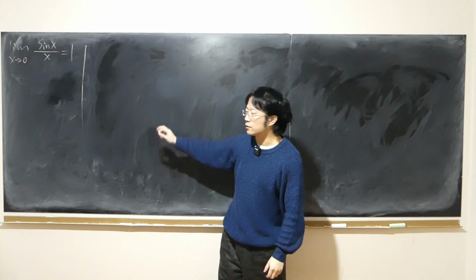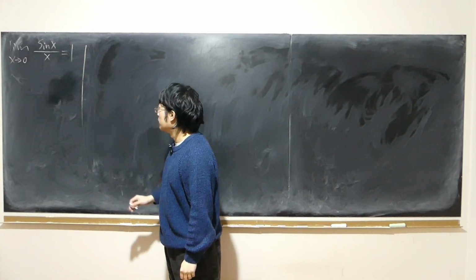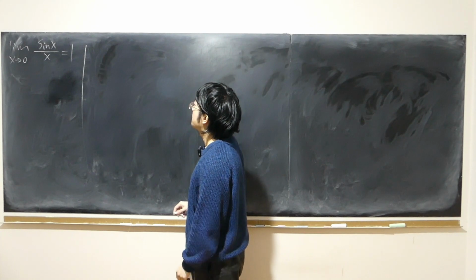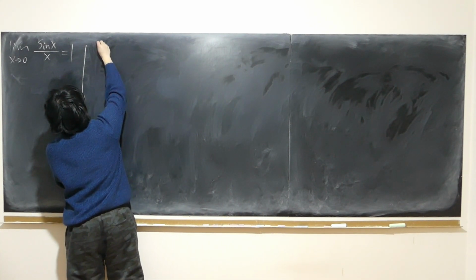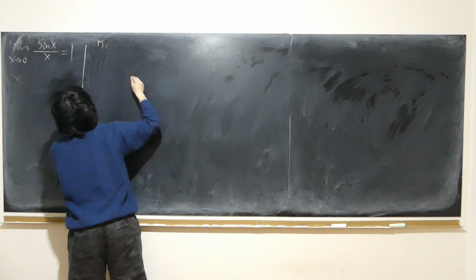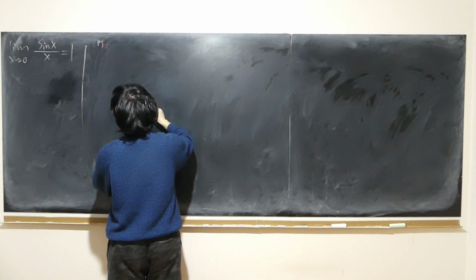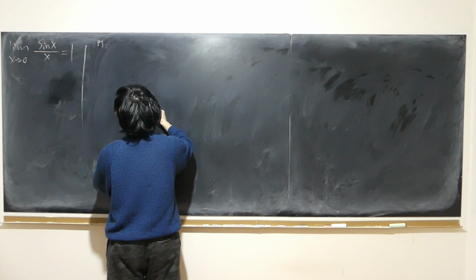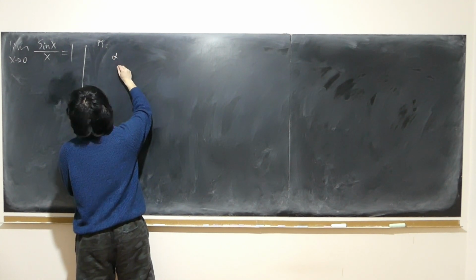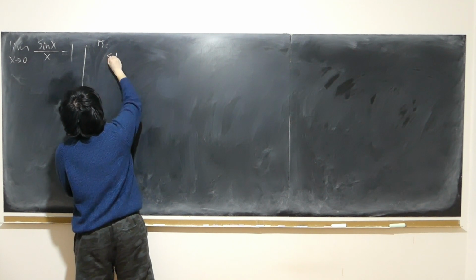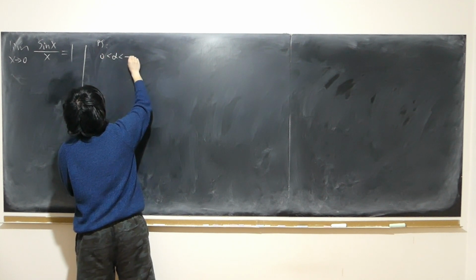So now coming back to the question: how do we really know that this limit is 1, logically? Here is a relatively more rigorous proof. First, I'm going to draw a partial unit circle, restricting alpha between 0 and half pi.